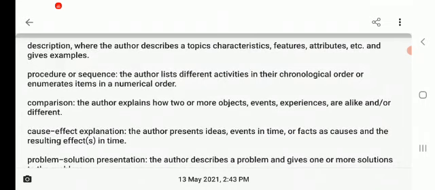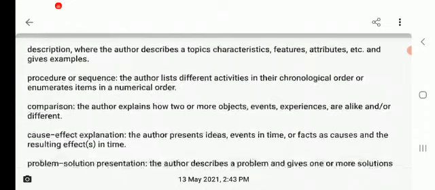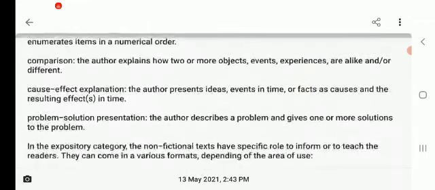Procedure or sequence: the author lists different activities in chronological order or enumerates the items in numerical order. Then the fourth point, cause and effect explanation: the author presents ideas, events in time, or facts, or causes and the resulting effect in time.